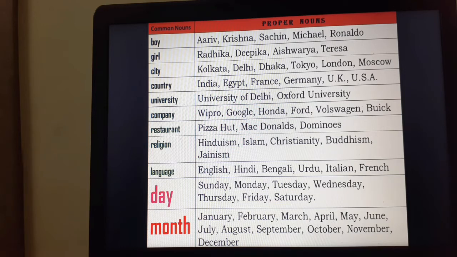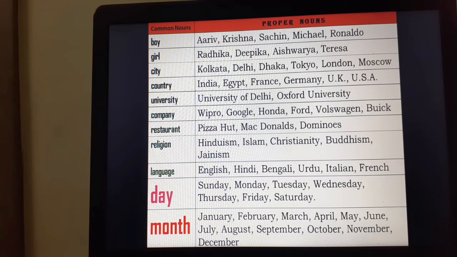These are the names of individual persons, and thus these are proper nouns. Girl is a common noun, and when we give some names to the girls, then these are proper nouns like Radhika, Deepika, Aishwarya, Teresa.